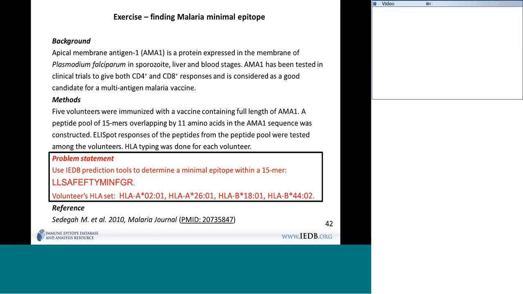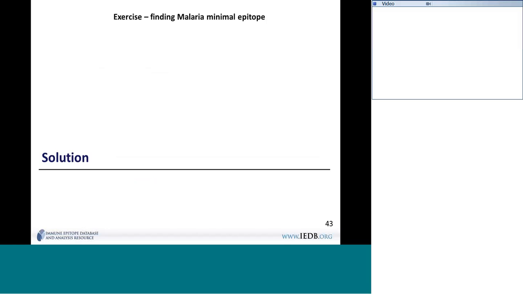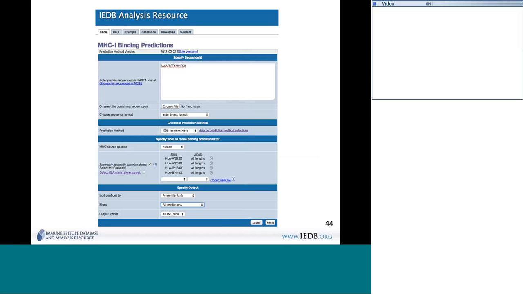And I'm just going to go through the answers very quickly. This is the solution. You had to take this 15-mer sequence where you know that there was a response in the donor, so you know that the epitope is somewhere in this sequence. You take this sequence and enter it in text format.